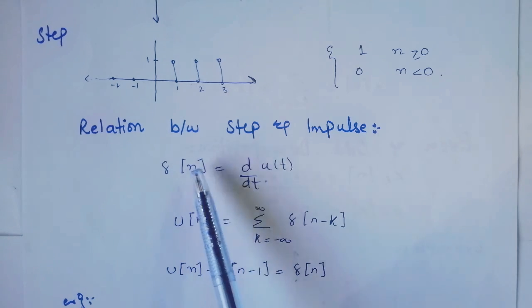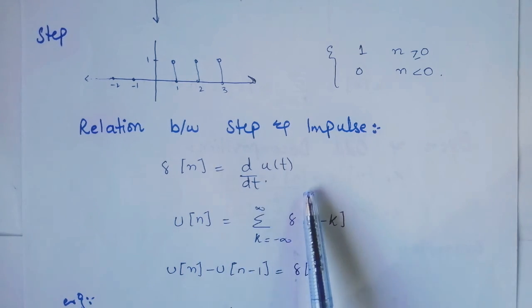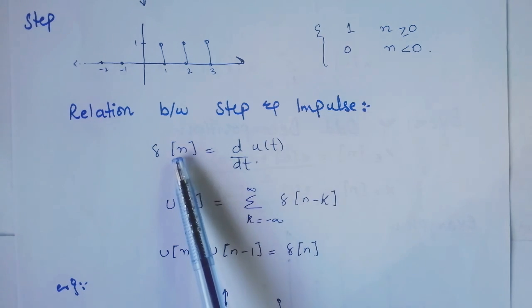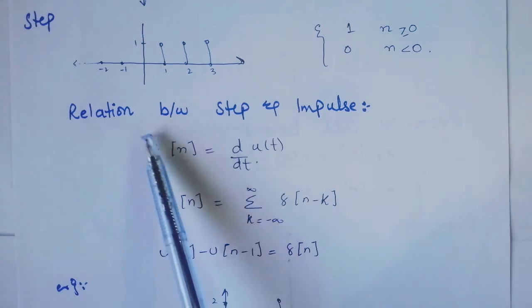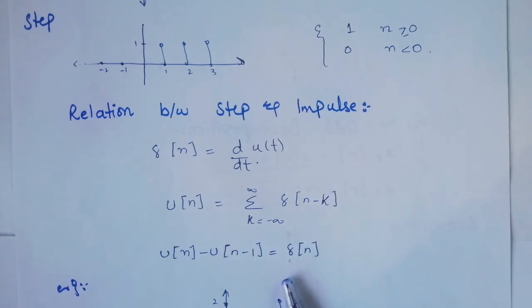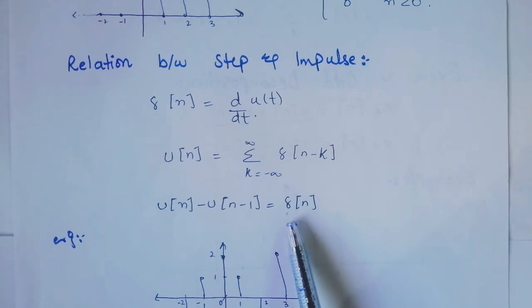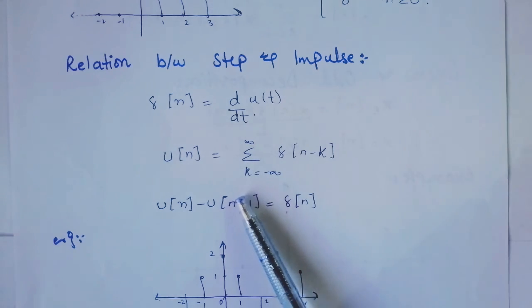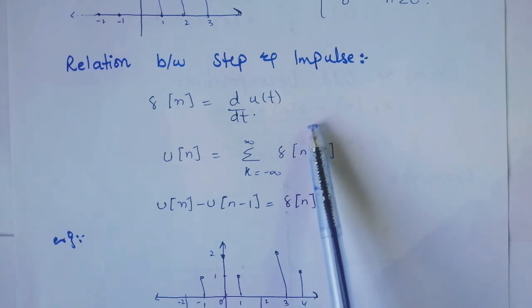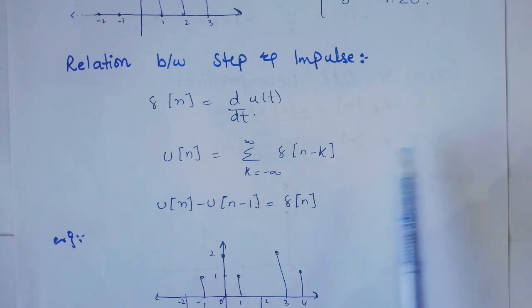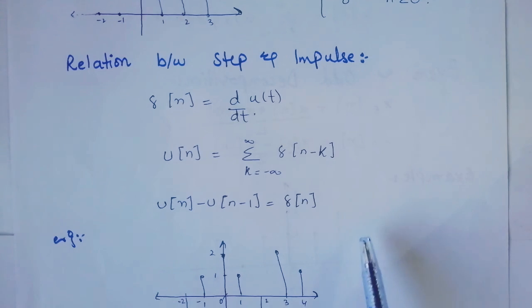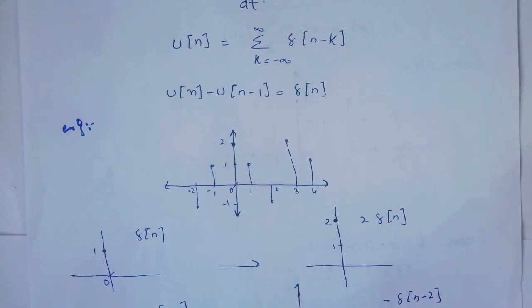We get an impulse function when we differentiate the unit step with time, and we get the unit step function when we do summation or when we integrate the impulse function. We can see it here. We know that impulse function only gives one value at a time, so we add a shift in here and sum all the impulse functions to get a unit step function. So u of n minus u of n minus 1 is equal to delta of n. That's how it goes.